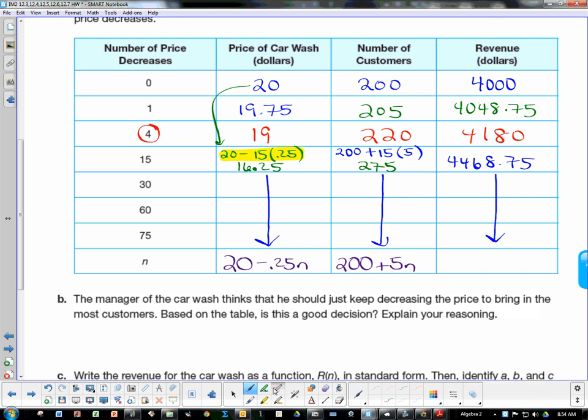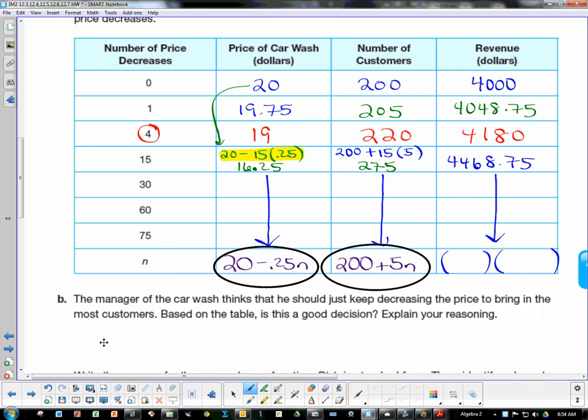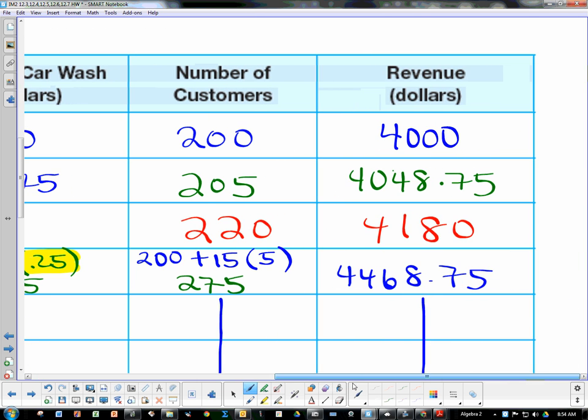All right, let me circle both of these. These are important. Please tell me what you do with those two expressions to find the revenue function. You multiply them. Yes, you're going to multiply them. And here's what it's going to look like. We have two sets of parentheses. Let's zoom right in.